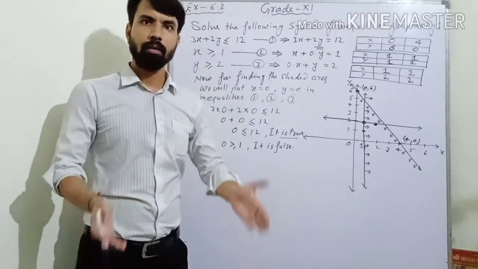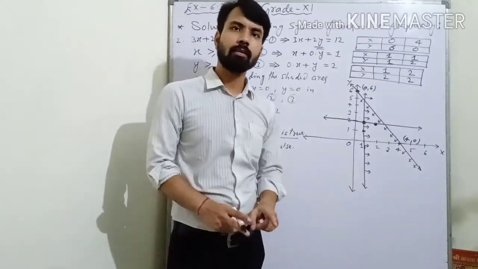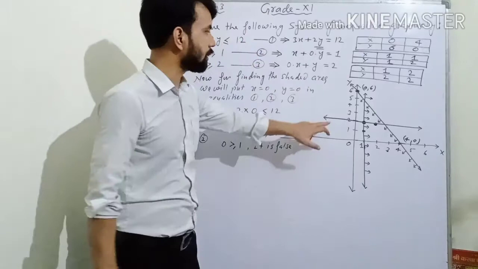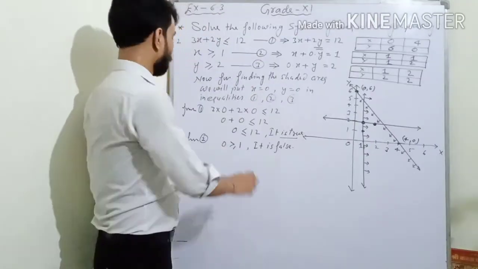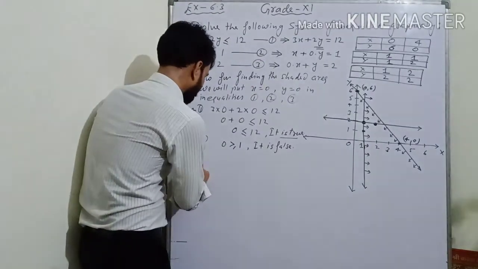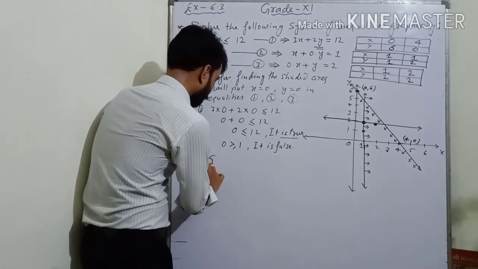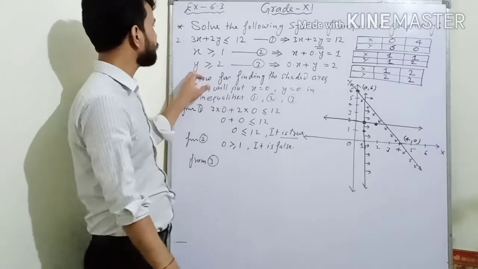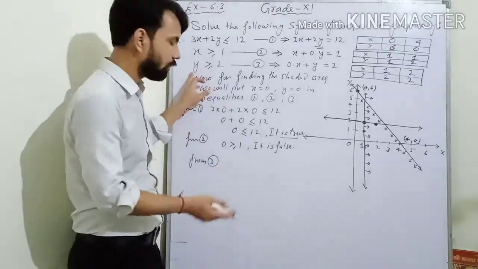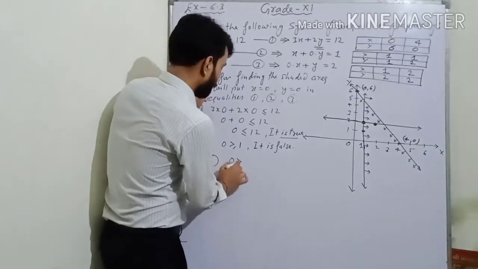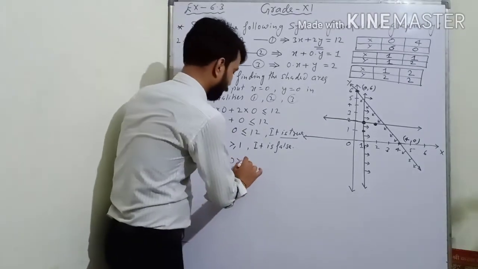What we will do? We will put x0 and y0 in the third inequality because this is the line of the third inequality. So from 3, here x is missing, so we will put y0. So 0 is greater than or equal to 2.